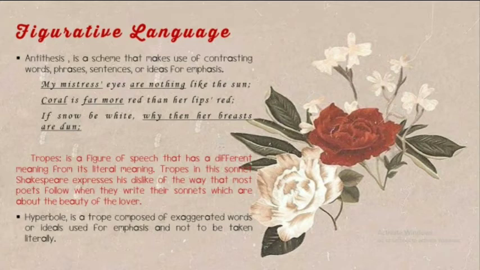So, in Sonnet 130, Shakespeare used antithesis as a useful poetic device to convey his message. Her breasts are dun and black wires grow from her head.